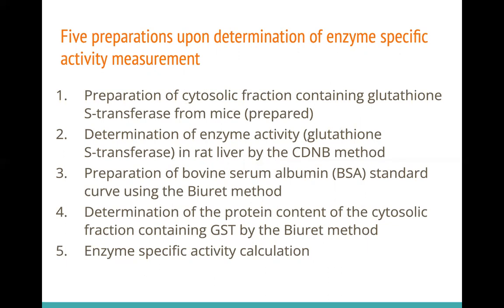The third one is the preparation of a bovine serum albumin standard curve using the Biuret method. The fourth one is determination of the protein content of the cytosolic fraction containing GST by the Biuret method. And the last one, you're going to calculate the enzyme specific activity. So overall, there are five steps to finally measure the specific activity of the GST enzyme.